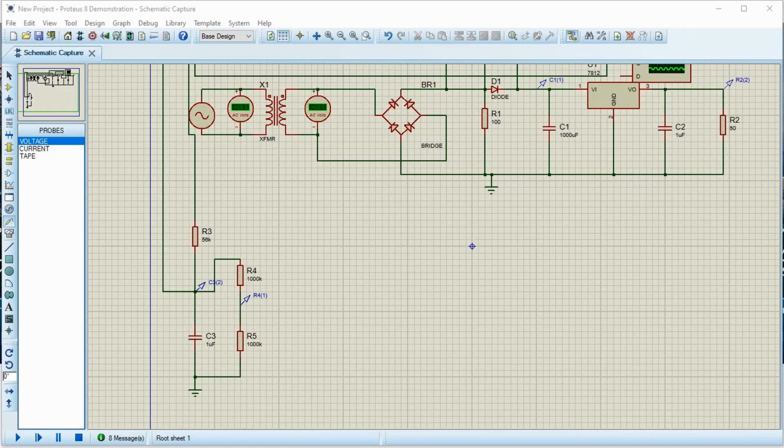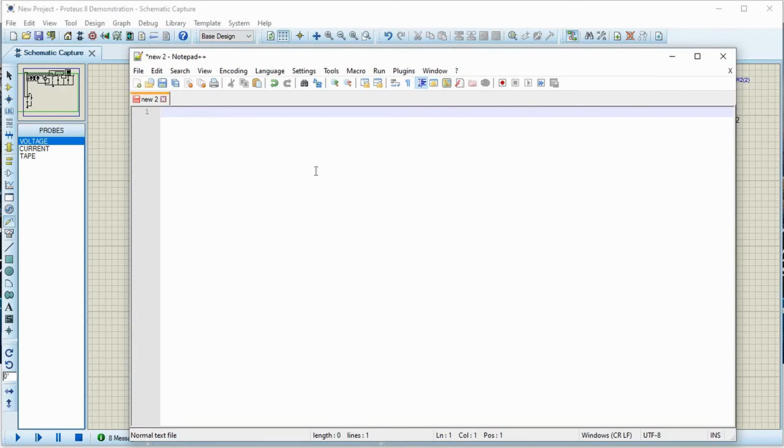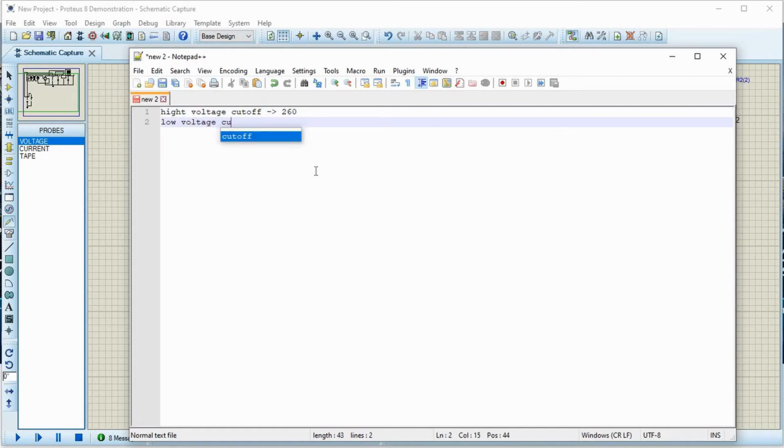So let's note down our two important points: high voltage cutoff, let's keep it at 260 volts. And low voltage cutoff, let's keep it at 180 volts.